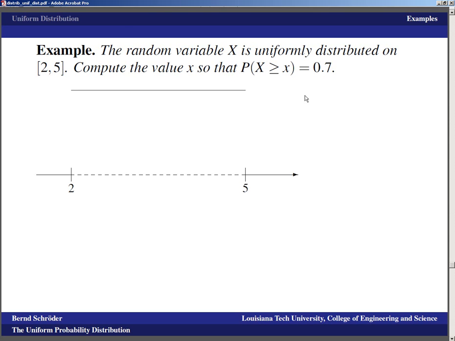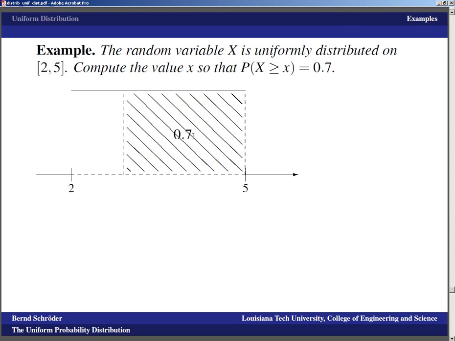And still, you just have to look at your underlying density function. This time we want an area to the right of a point x, and that area is supposed to be 0.7, right? So we put a point x here, and we want this total area to be 0.7.